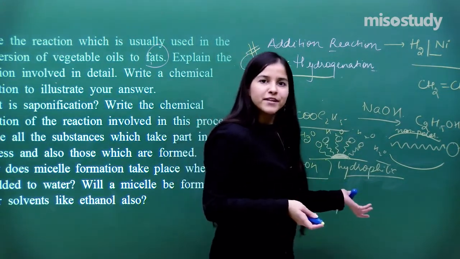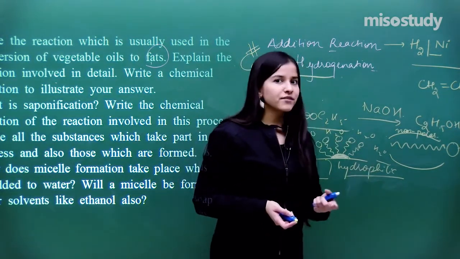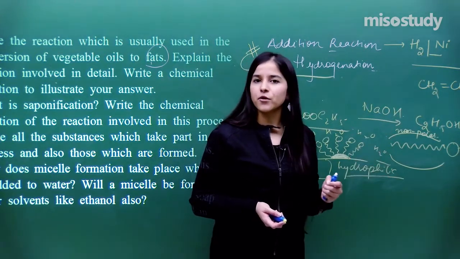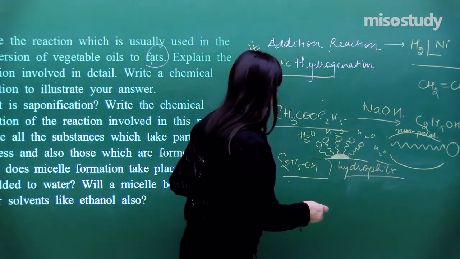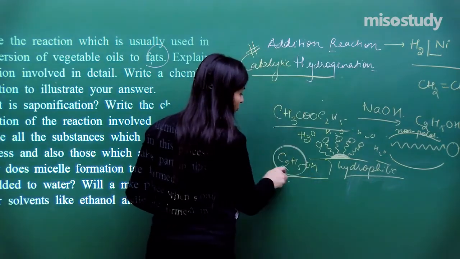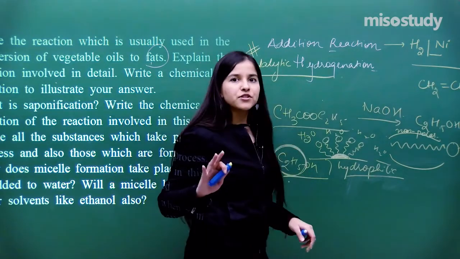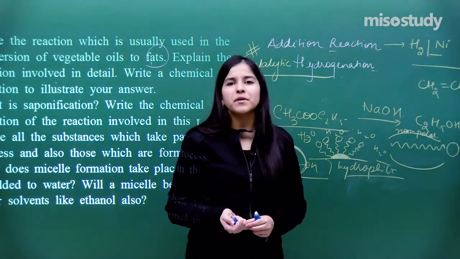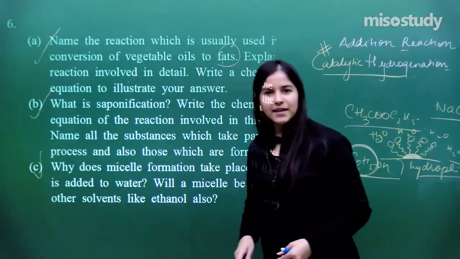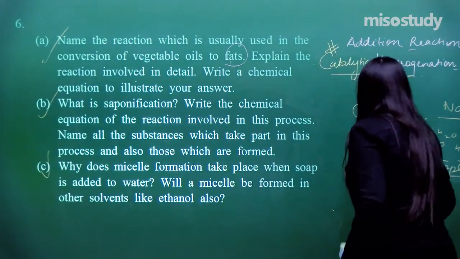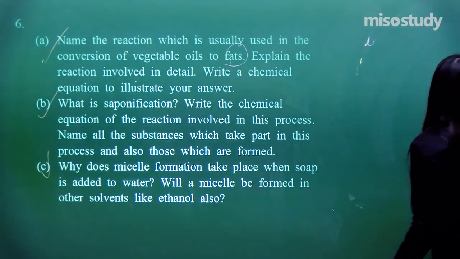They have become friends also. So in the case of ethanol also, I can have a similar process, but it can be a little slow. Why? Because it has got a non-polar part, a similar kind of carbon chain as well. So the process may be a bit slow. Fine? Okay. So that completes part C as well. Now question number 6 is done.